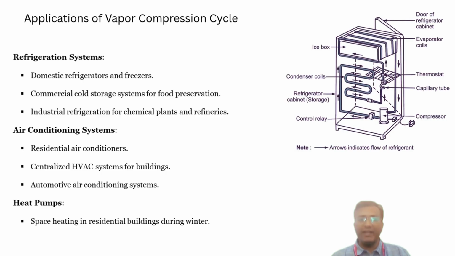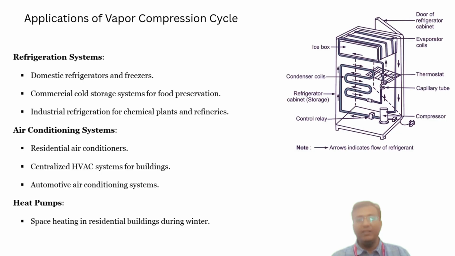Okay, now in the diagram you can see this arrow shows the flow of the refrigerant connecting the components to create a cooling or heating system. The versatility of this vapor compression system makes it indispensable across homes, businesses, and industries.